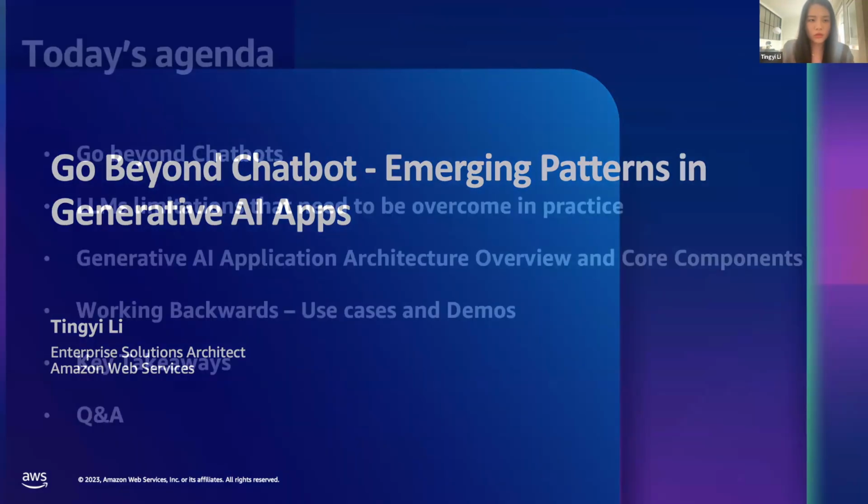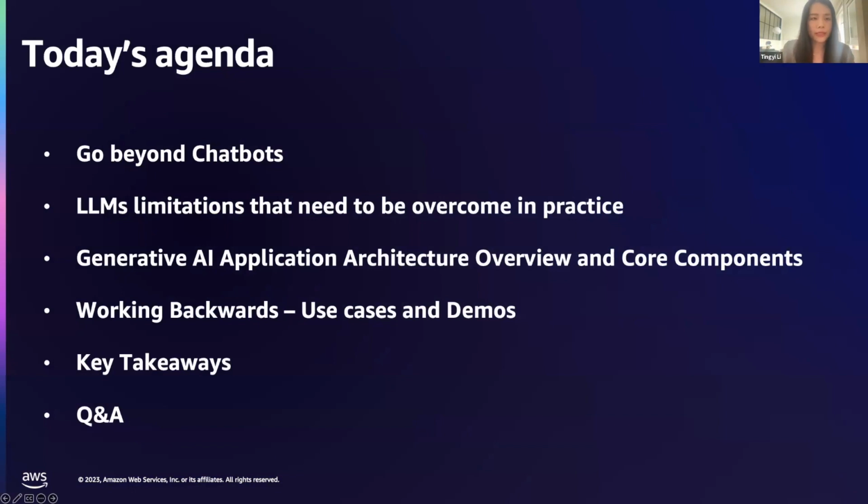Here is today's agenda. First of all, we're going to set up some basic mindset: the rising concerns, use cases, and patterns that we should consider when we start to build generative AI applications for your business use cases.